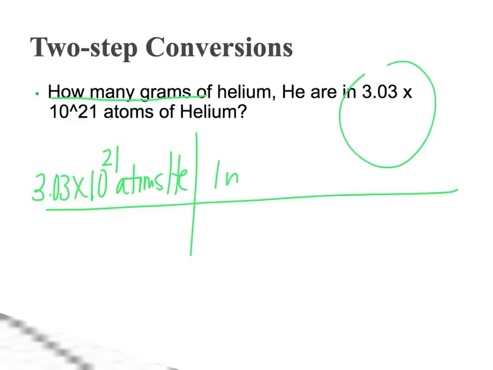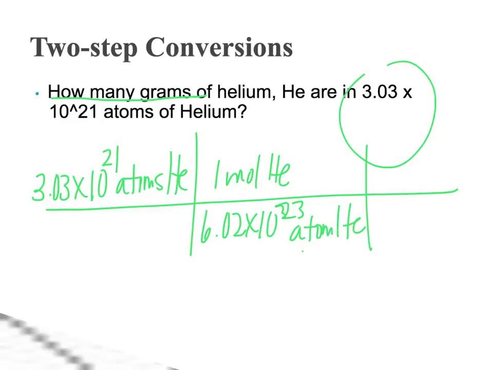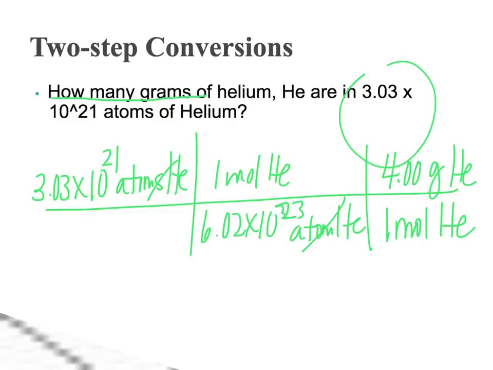So it's going to be 1 mole of helium, and then of course our Avogadro's number, 6.02 times 10 to the 23rd atoms of helium. And so now we've gotten rid of helium in the atom form, and now we can go from moles to grams, because remember the moles are always going to be the middle step in these types of problems. So we have 1 mole of helium on the bottom. We look up the molar mass of helium from our periodic table, and we see that it is 4.0 grams of helium per 1 mole.